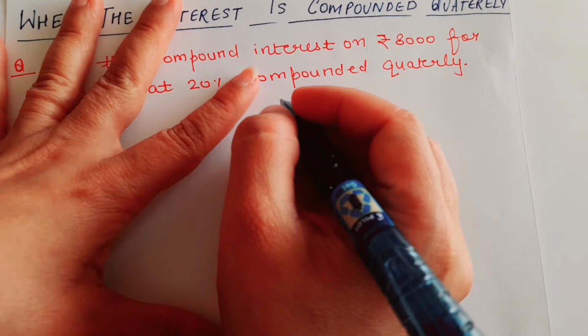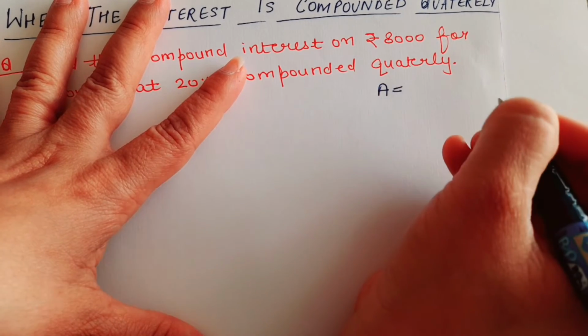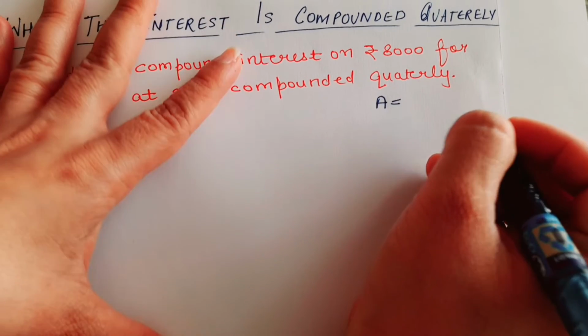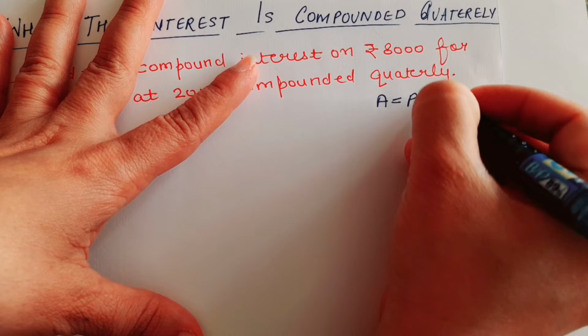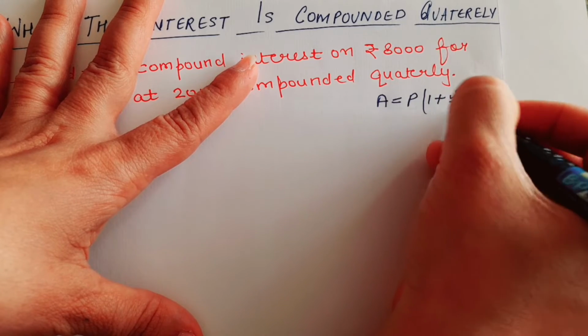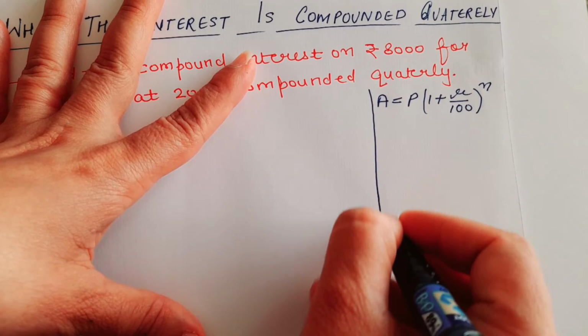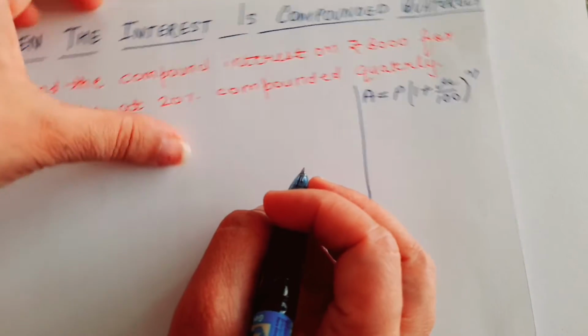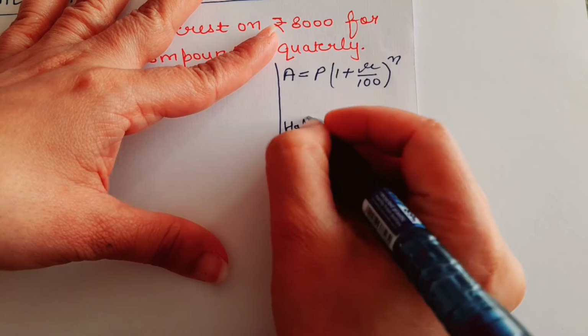We know the formula for calculating amount when we are calculating compound interest. The amount is P times 1 plus R by 100, raised to power n. And what do we do when we compound half yearly?